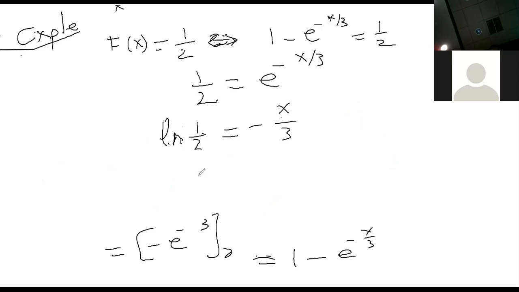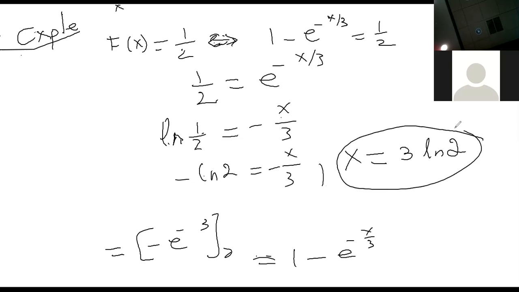Logarithm of 1/2 is minus logarithm of 2, so x/3 equals logarithm of 2, and x equals 3 logarithm of 2. That's the median for that distribution.